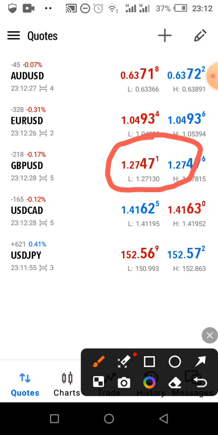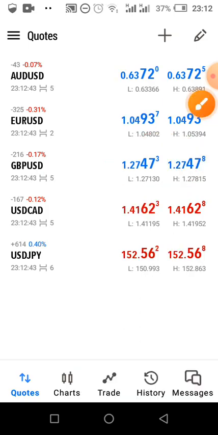So you would need large amounts of money to trade without leverage, or what's also known as not trading on margin. Leverage is what helps us to be able to trade with smaller amounts of money.